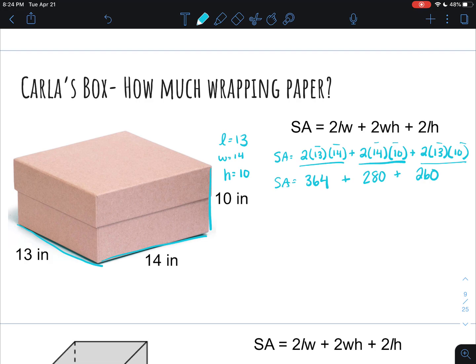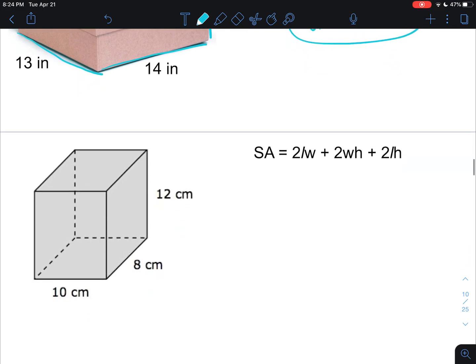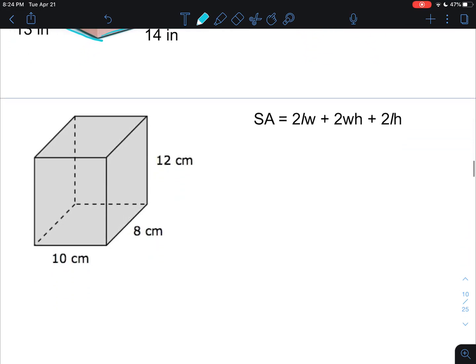So add them all up, 364 plus 280 plus 260. You should get a surface area of 904 square inches.